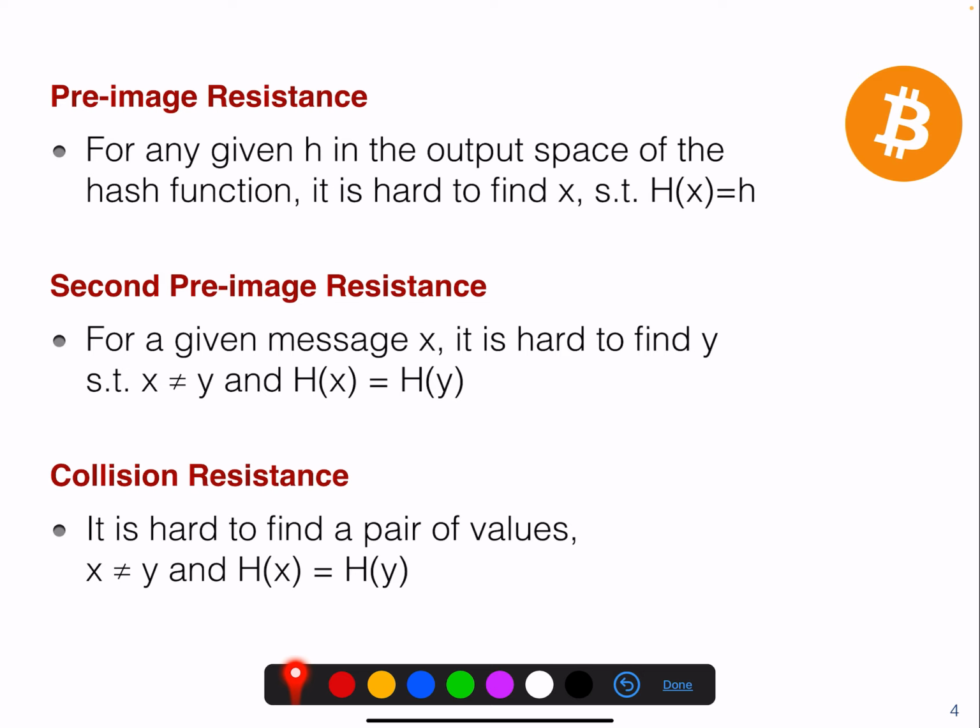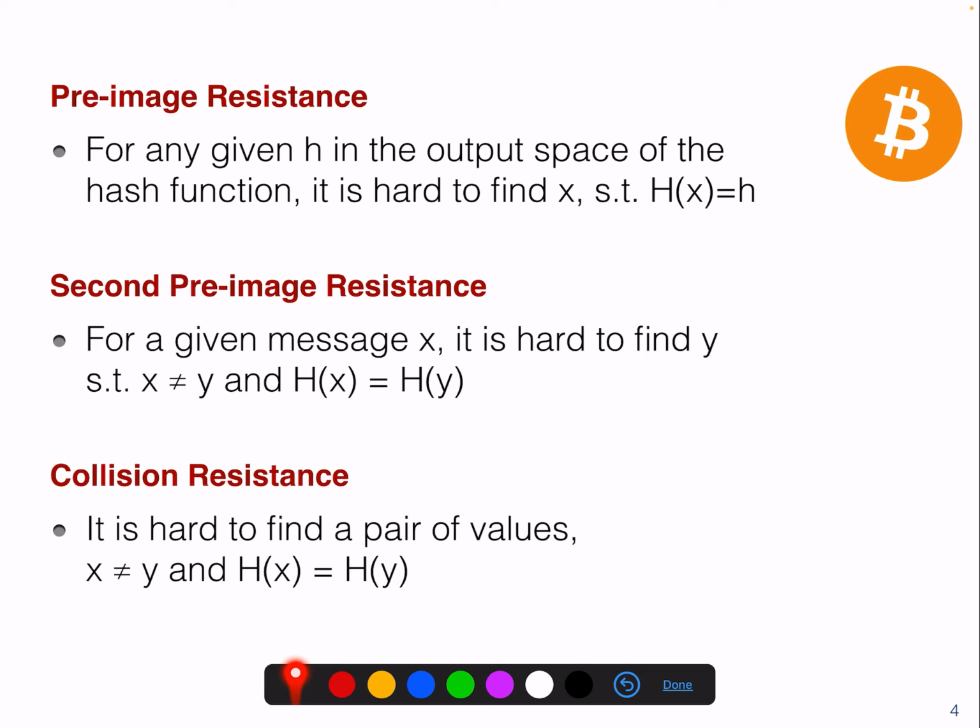So what do all these security properties really mean? Let's go through them one by one. Preimage resistance: for any given h in the output space of the hash function, it is hard to find x such that the hash of x equals h.